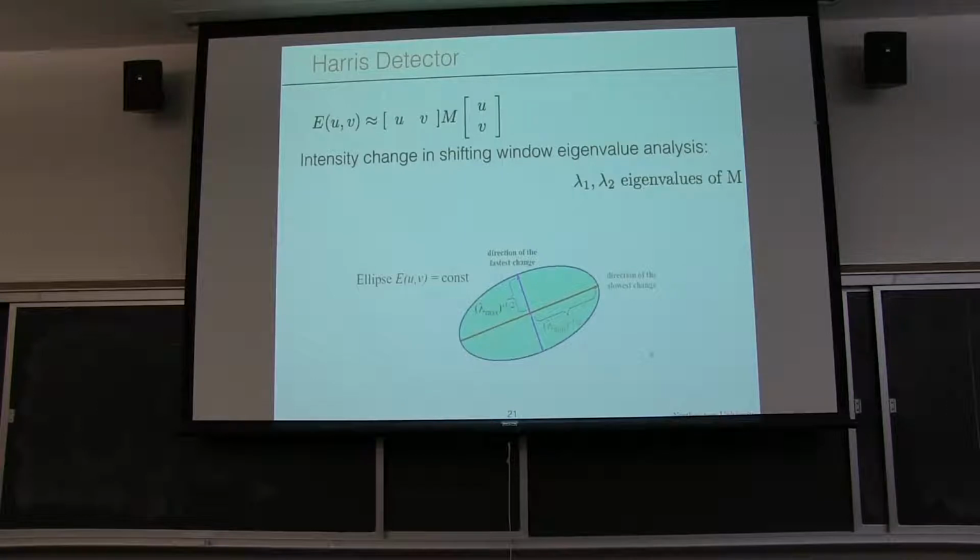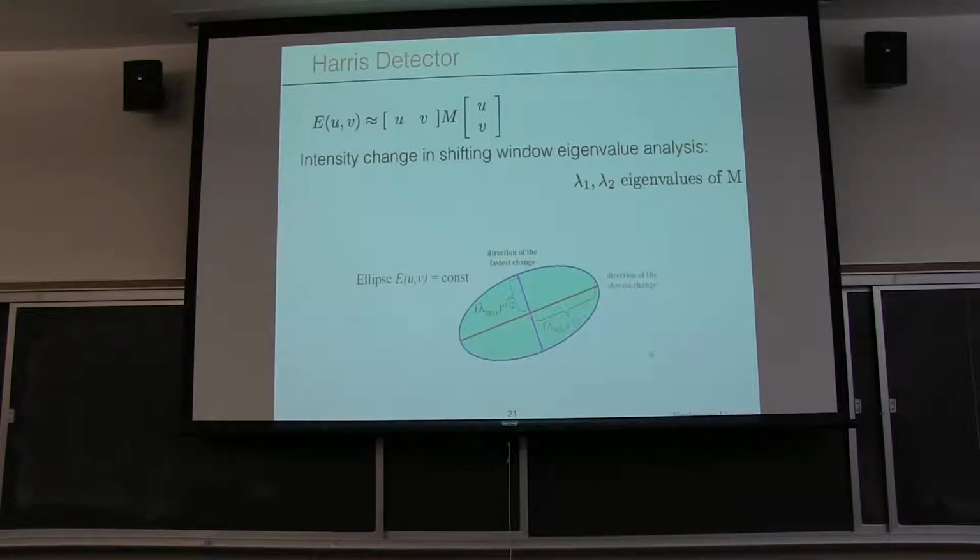And it is the equation of an ellipse. The eigenvalues of the matrix here correspond to the size of the axes of my ellipse, and the eigenvectors correspond to the orientation.